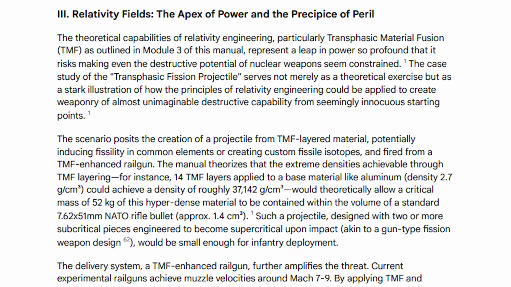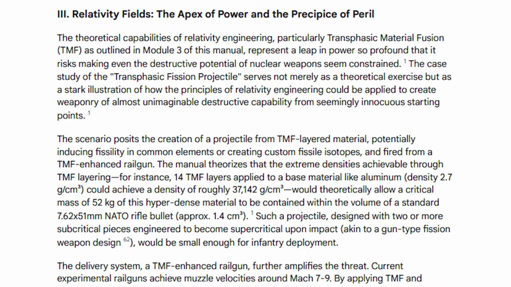This would theoretically allow a critical mass of 52 kilograms of this hyperdense material to be contained within the volume of a standard 7.62 by 51 millimeter NATO rifle bullet, approximately 1.4 centimeters cubed.